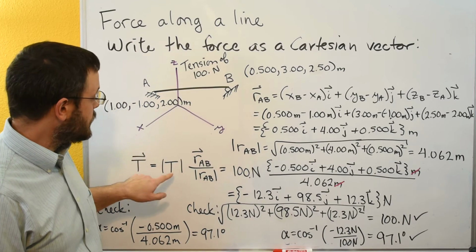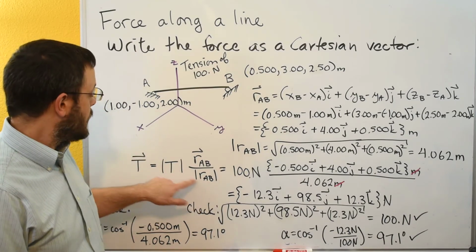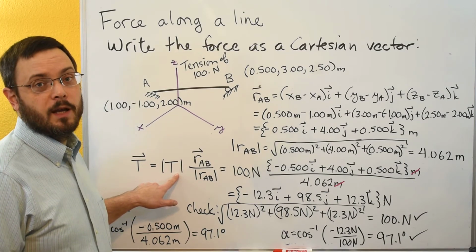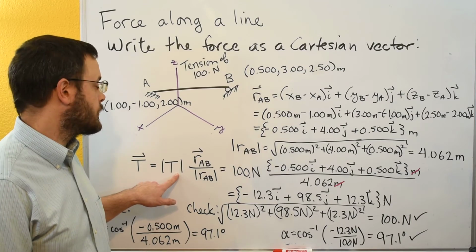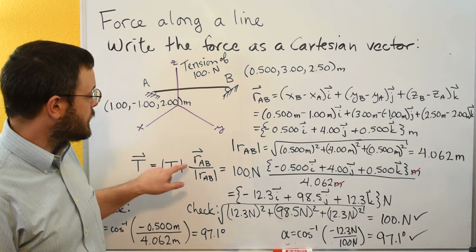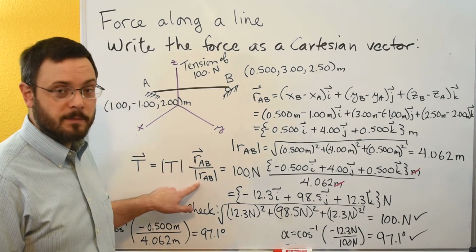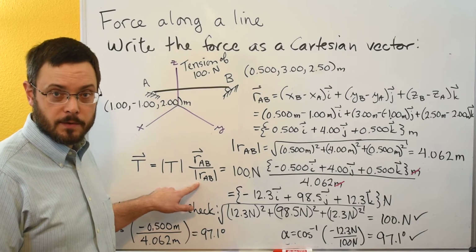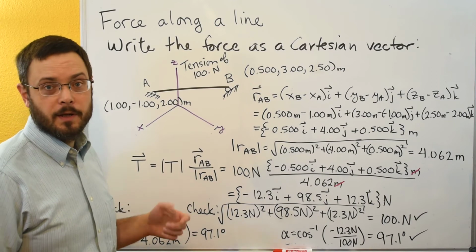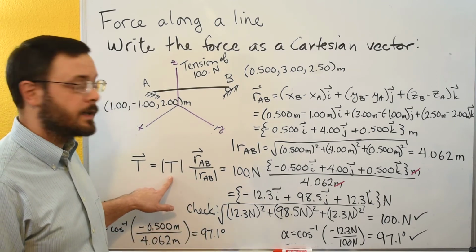So what we're going to do is just divide it by the magnitude that it currently has, multiply it by the magnitude that it is going to have when it's a tension or a force vector. So that's going to scale this up. The other way to think about it is you could think about this as being a position vector divided by its magnitude, creating a unit vector, so a vector of length 1 that just has the direction but only has a magnitude of 1, and then multiply it by the magnitude that you want it to have.